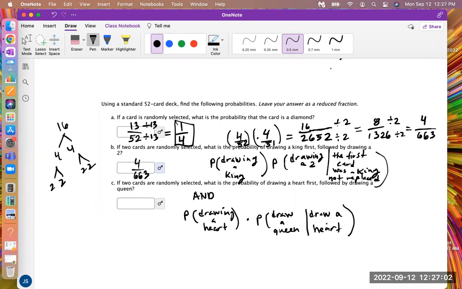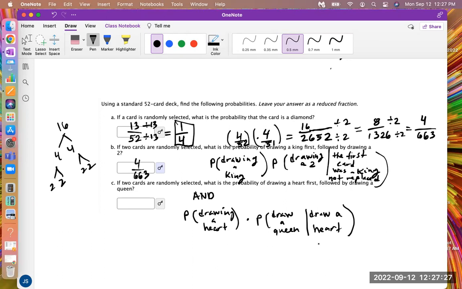But when you drew that first card, it could have been the queen that was a heart, and that would change the way we calculate this.